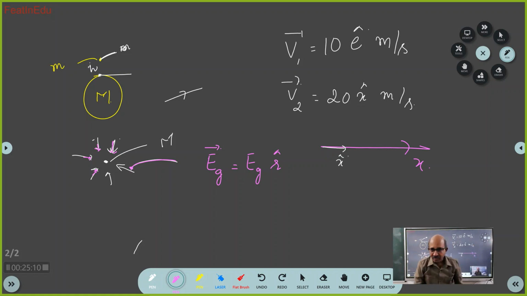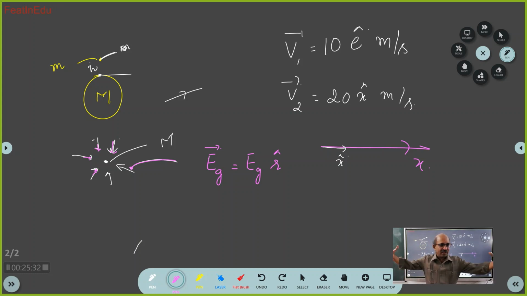What I am trying to tell you here is that Eg R cap means there are vectors everywhere, all pointing towards the center of Earth. Can you feel this? From every direction, it is all pointing towards the Earth.